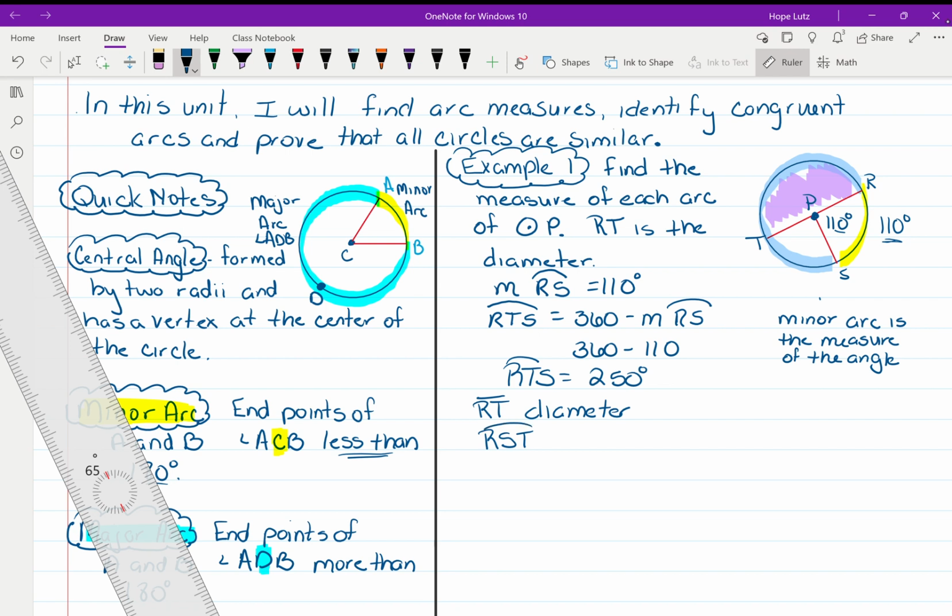Well, we know that we have 110 for R to S. So that means I have to find T to S in my arc, which we do not know, but we do know it's going to equal 180 degrees.